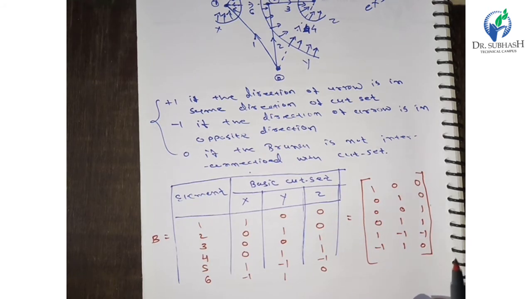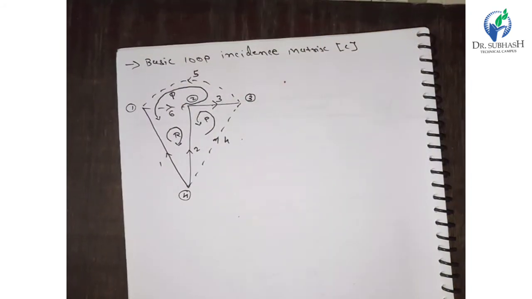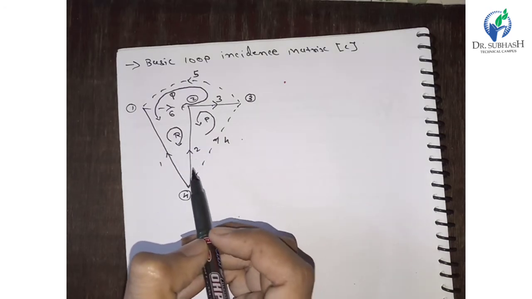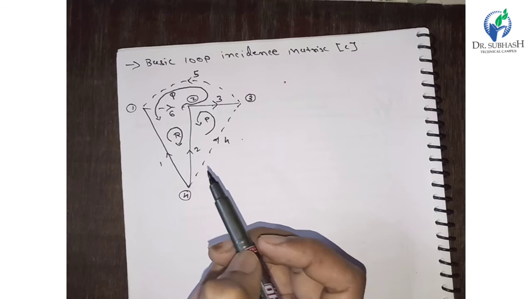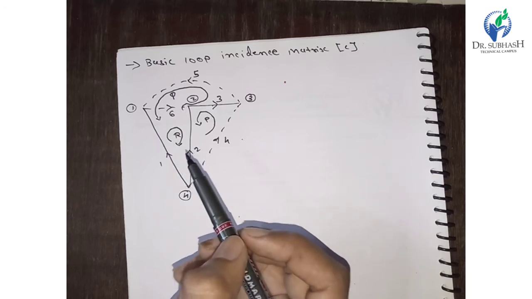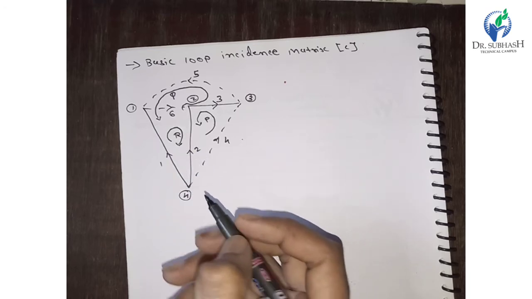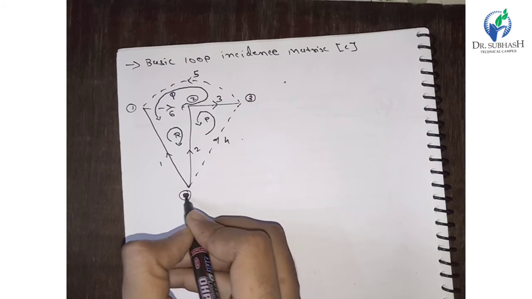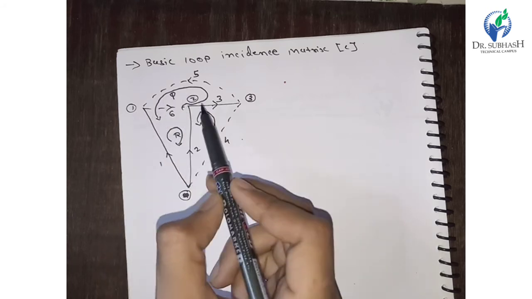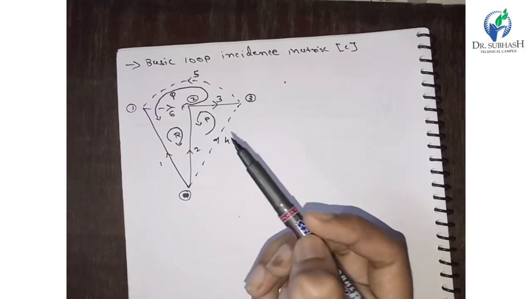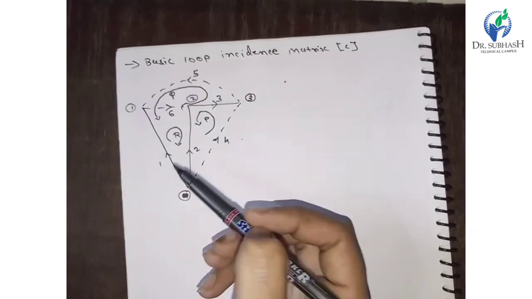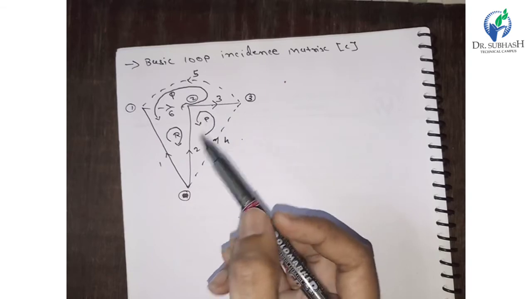Now we discuss the next point, the basic loop incidence matrix. Here is an oriented graph for the basic loop incidence matrix. In this figure there are node 0, node 1, node 2 and node 3, and these are the branch lines.